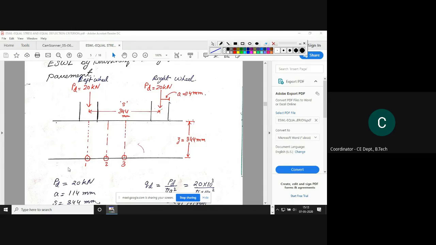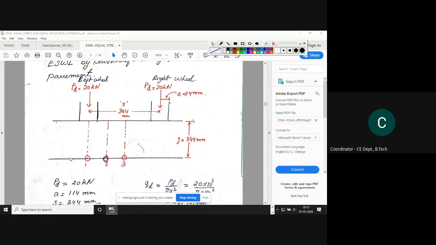Yes, they have already told that the critical points are placed at 3 points. One is just below the wheel, any wheel, any tire. Another will be in between the two tires, that is, at the center. And another will be in between point 1 and point 3, so point 2 will be somewhere here. In some questions, they will give you the R value.